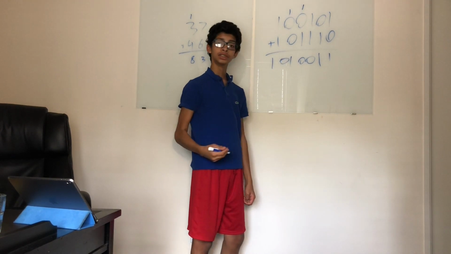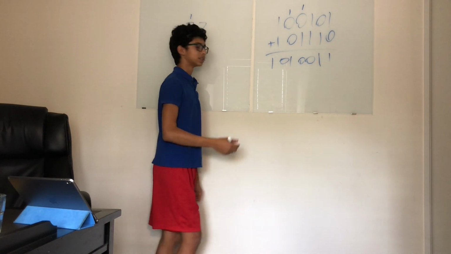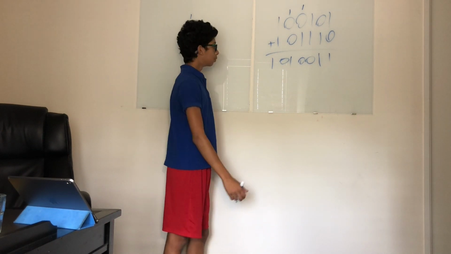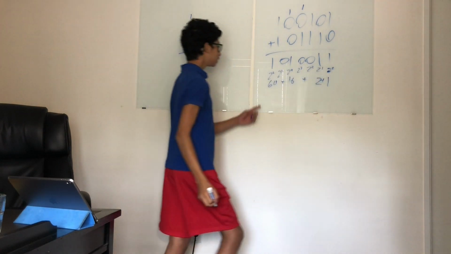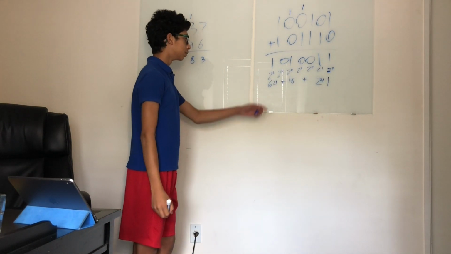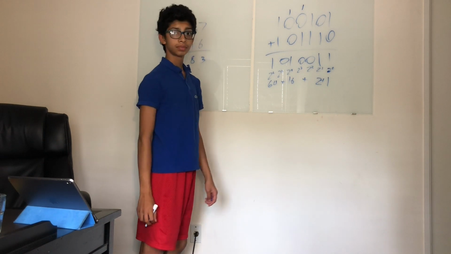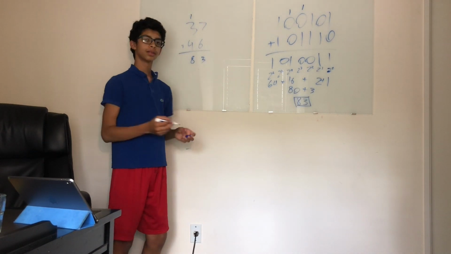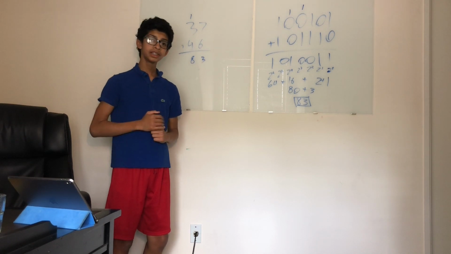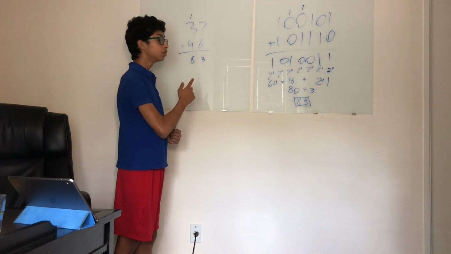So we get 1, 0, 1, 0, 0, 1, 0. Oh, sorry. 1, 0, 1, 0, 0, 1, 1. Which, if you want to do the math on that, you'd get 64 plus 16 plus 2 plus 1. And if you add that up, that adds to 83. Same number we got here. And so binary works. We're not used to it, but it works.